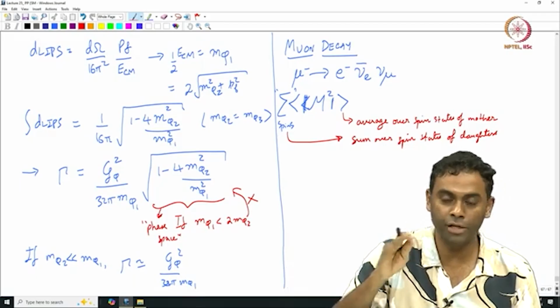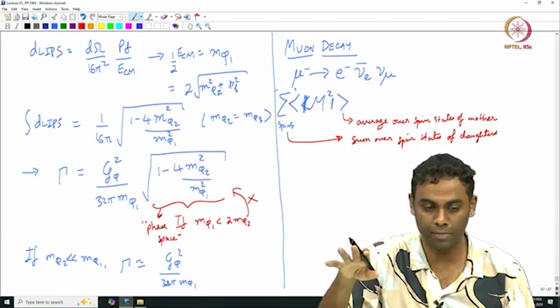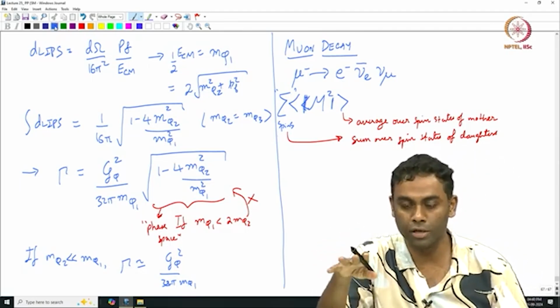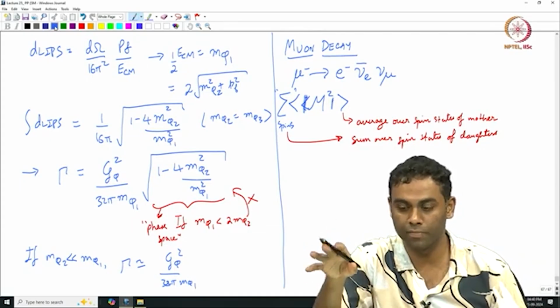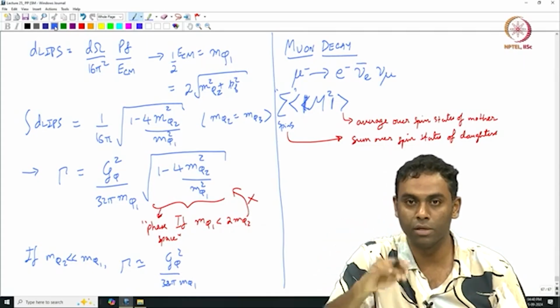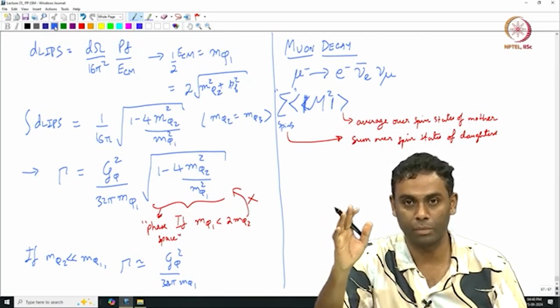There's a certain way to do this, and this course is not really designed to teach that. But for the curious, you can go to any quantum field theory textbook like Schwartz, and see how you can put spinors together to average and sum over spin states.